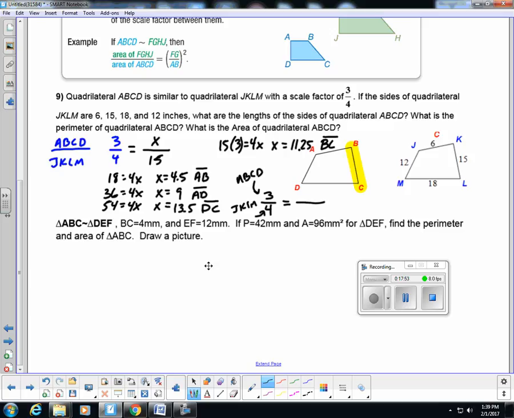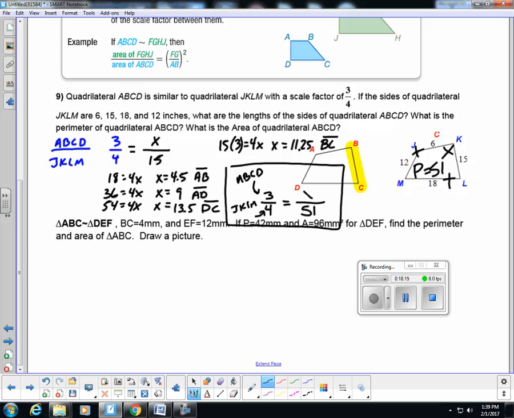Even the perimeter. Okay, so the perimeter of JKLM we know, we just would add 12 plus 6 plus 15 plus 18. So the perimeter of this one is 51. So if I throw that into my proportion right here, JKLM is in the denominator, so that's 51.